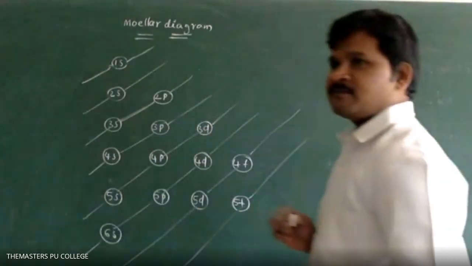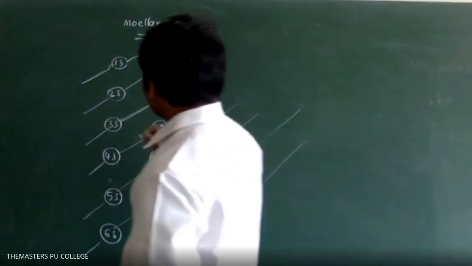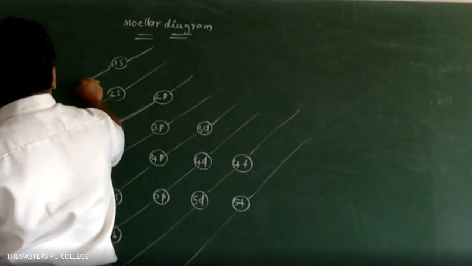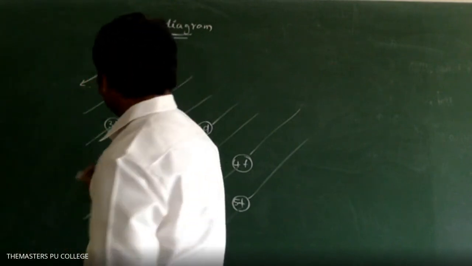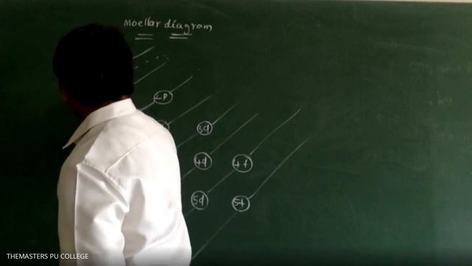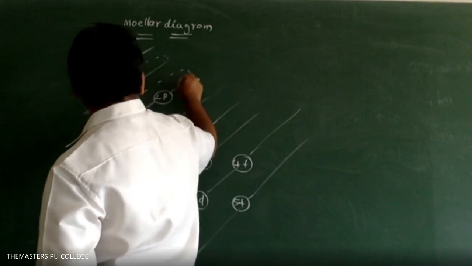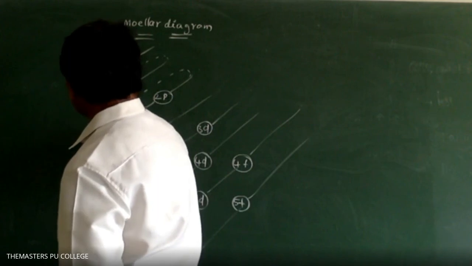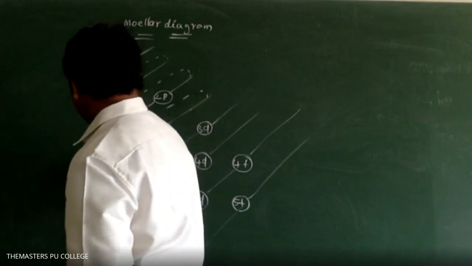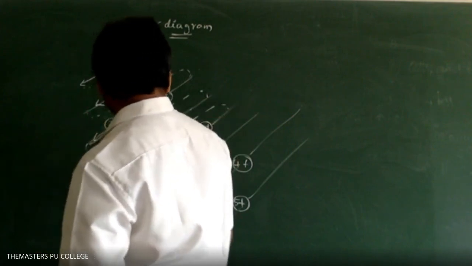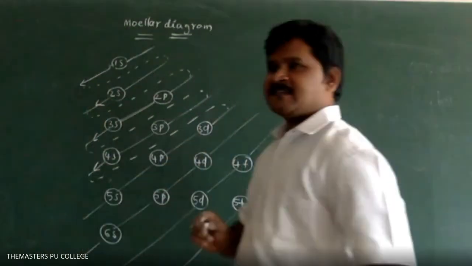This is okay, na? According to this, first electron enters into 1s. Next 2s, after 2s comes 2p. Next 3s, after 3s comes 3p, then 4s. Next 3d, 4p, 5s, like that.